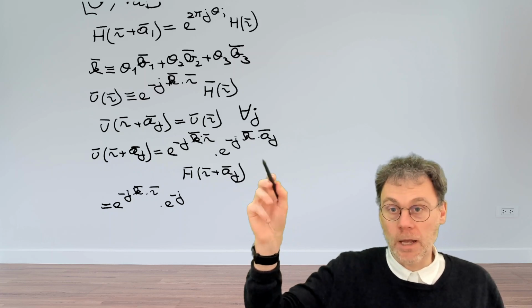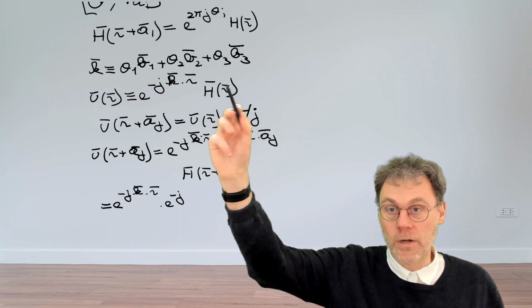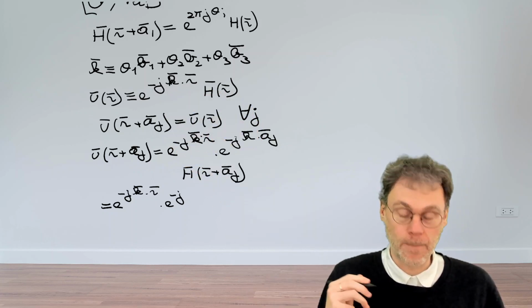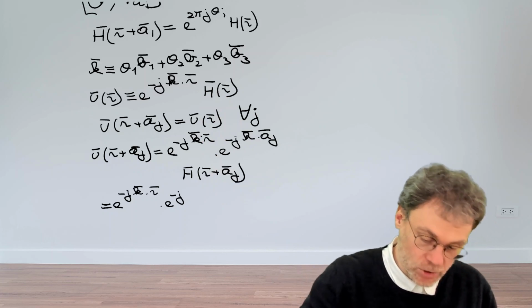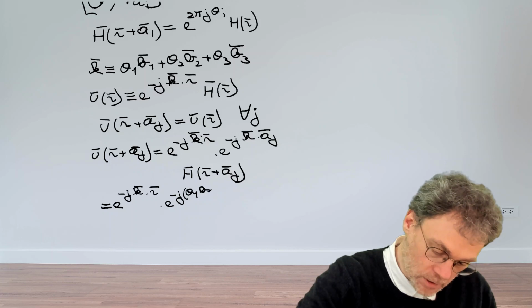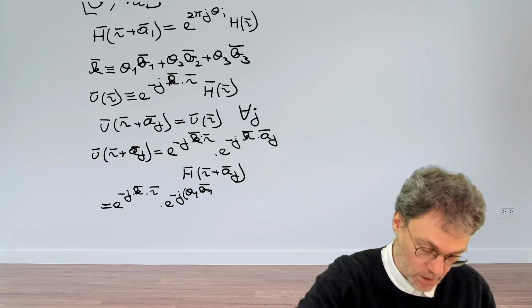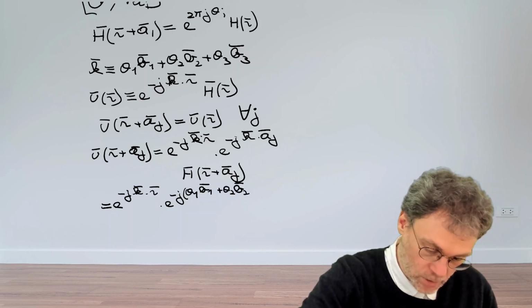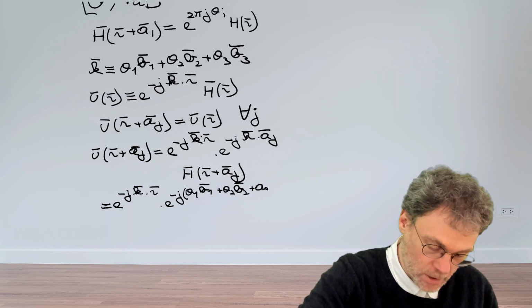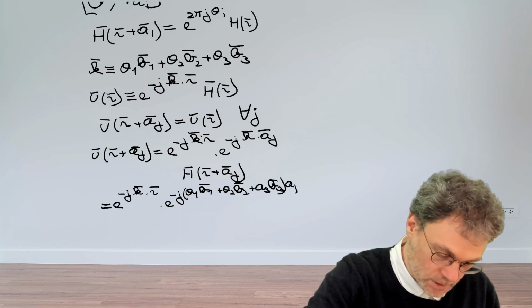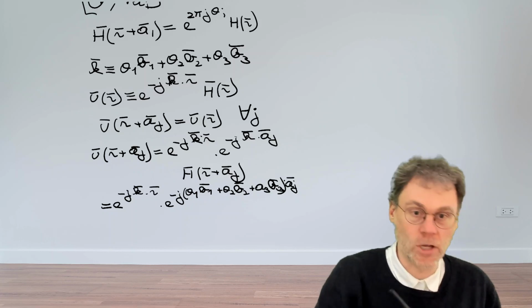Now k is not just any vector, we've actually defined this over here, so we can substitute this expression for k in our equations. So this becomes theta 1 b1 plus theta 2 b2 plus theta 3 b3, and then we have the scalar product with a_j.